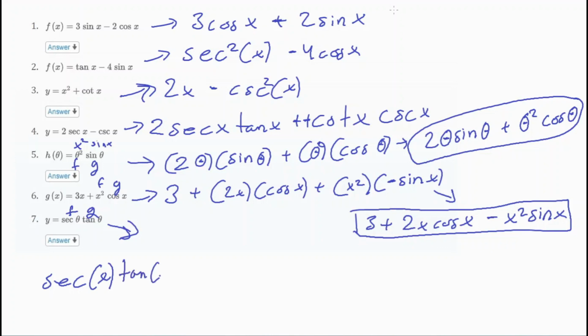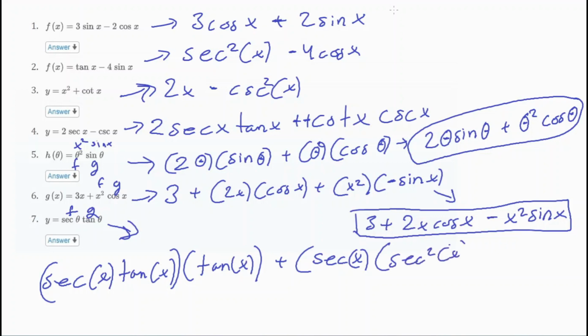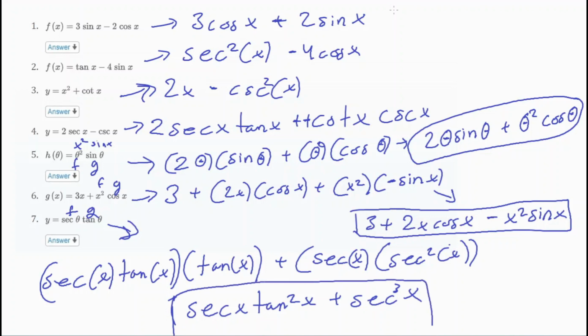We have secant x times tan x, and that's f prime, times g, which is tan x, and that's added to f, secant x, multiplied by the derivative of tan x, which is secant squared x. And now if we add all this and simplify it out, we're going to have secant x tan squared x plus secant cubed x, because we have a secant and then a secant squared x. And that would be our final answer.